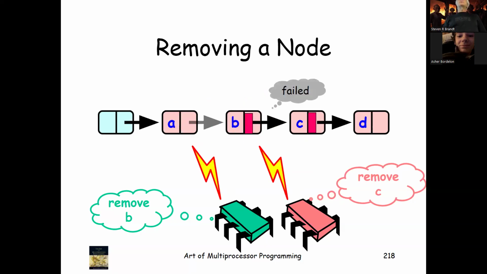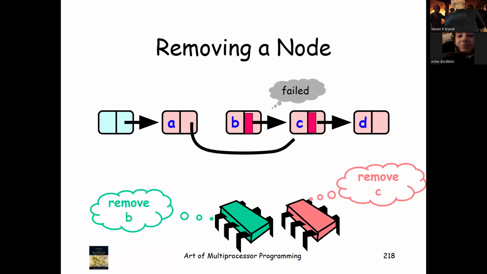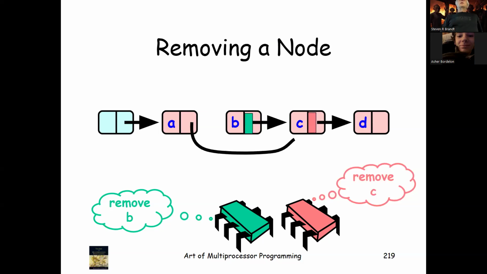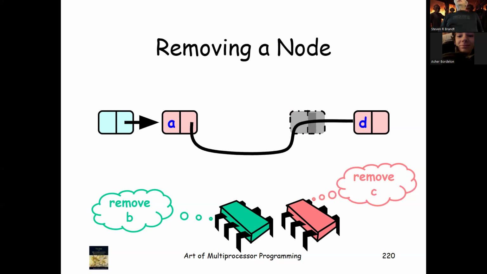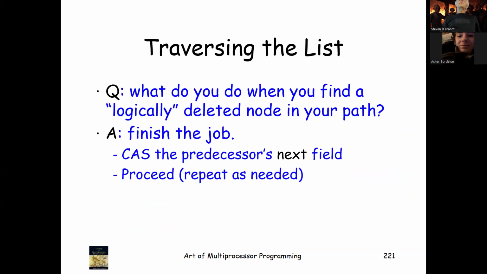Then they're both going to attempt to do CASes, but the remove C is going to fail, right? Because B is now deleted, and its expected value was not deleted. So the remove B succeeded, and the remove C can retry and then succeed.